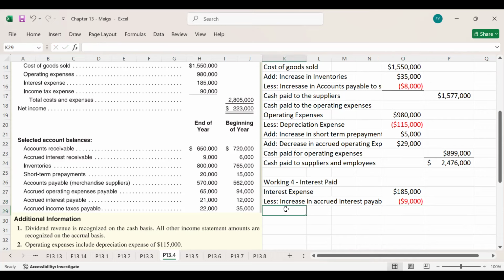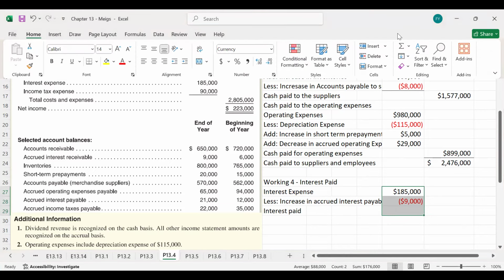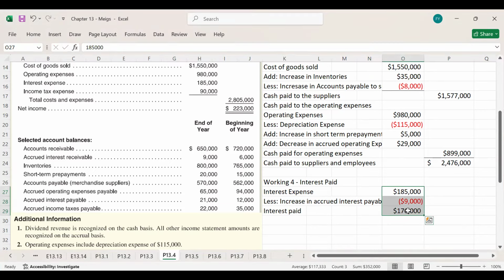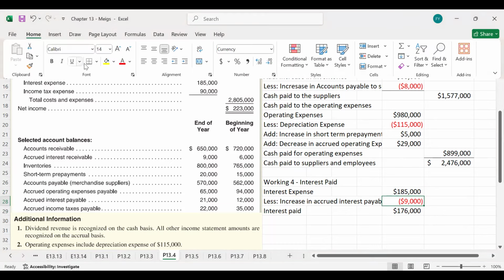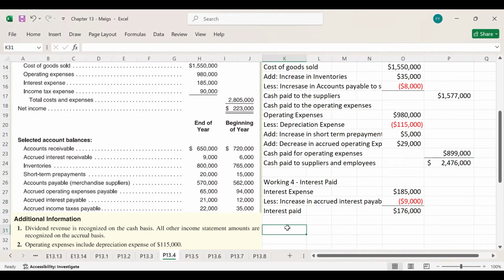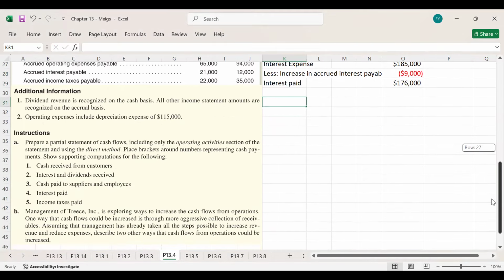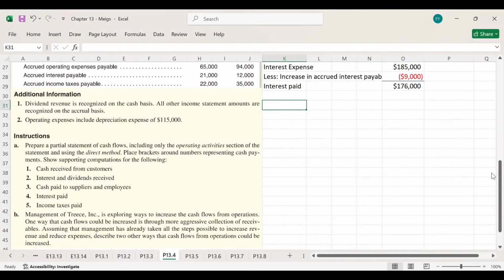So the actual cash involved in the interest expense, by adding these two we get total interest paid, which is $176,000. So this is the amount of interest paid, and the next working, the last one required, is income taxes paid.